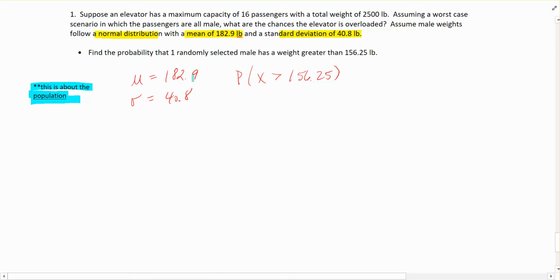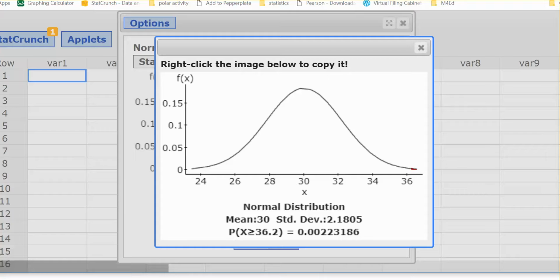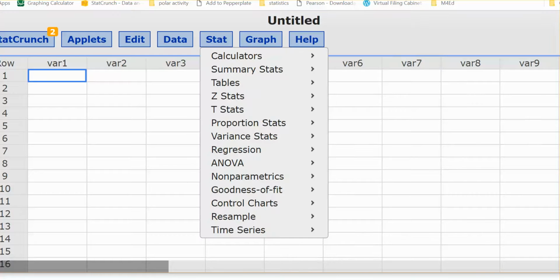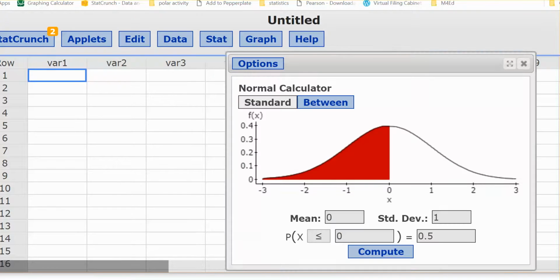So basically, this particular question is a question about the population. I've got the population mean, the standard deviation of the population, and I'm asking about some guy out of the entire population of all men. So that's a normal calculator question. Let's go to the normal calculator. We will put in our new information here by going to Stat, Calculators, Normal.